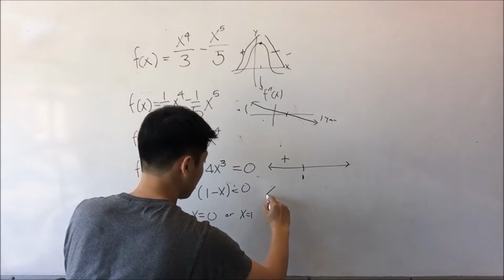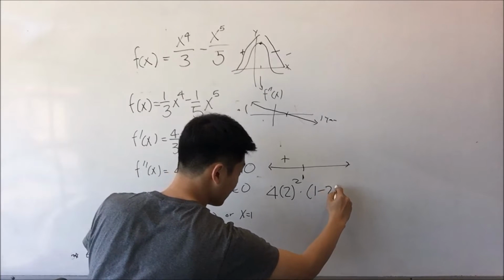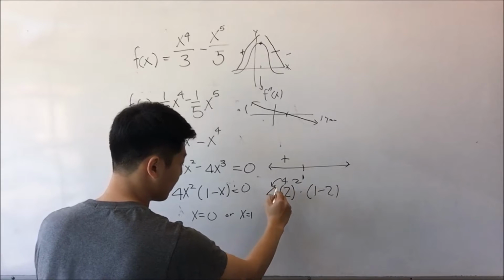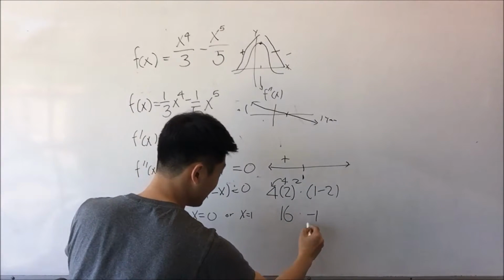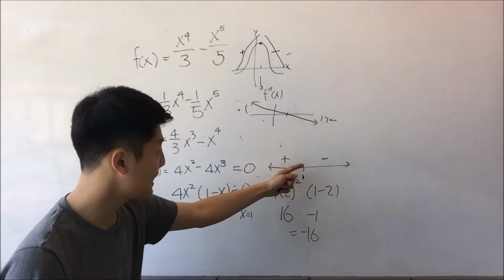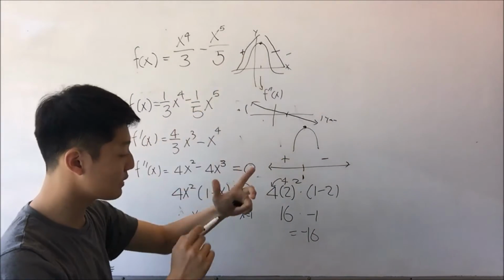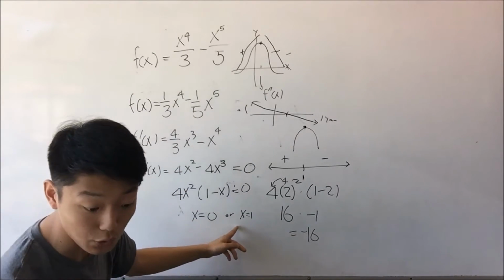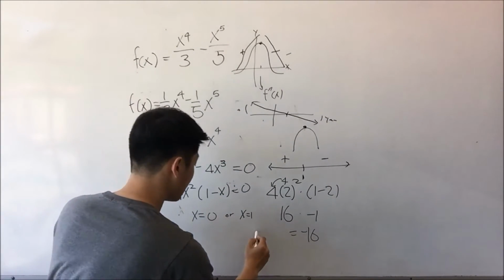I'll plug in 2, so 4 times 2 squared times 1 minus 2. 2 squared is 4, 4 times 4 is 16, times 1 minus 2 equals negative 16. So this is negative. So again, positive to negative. So this will be the answer for maximum. Because we proved that x equal to 1 is the maximum value, the answer will be C.